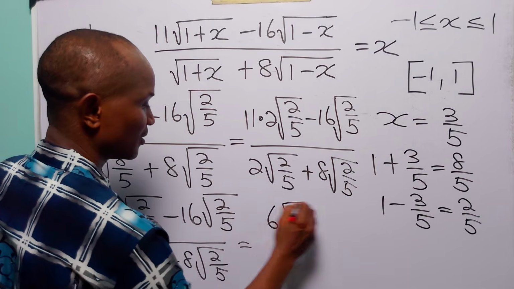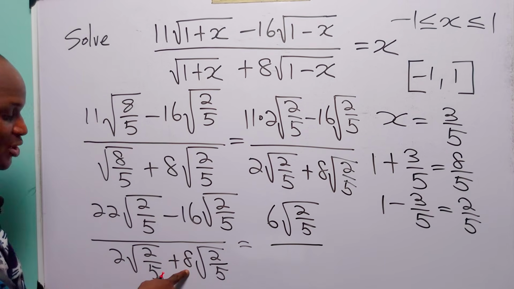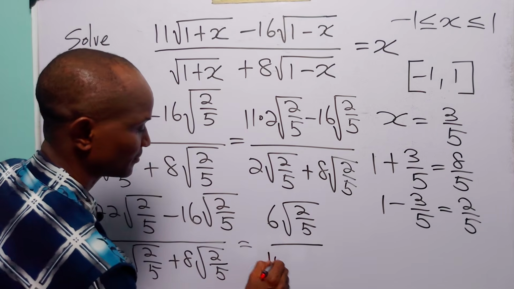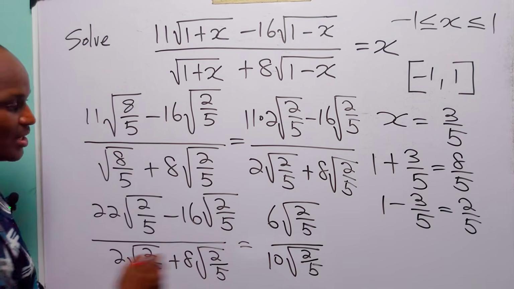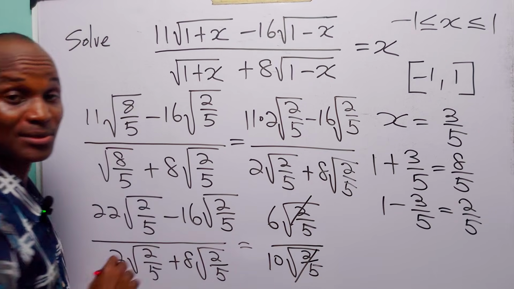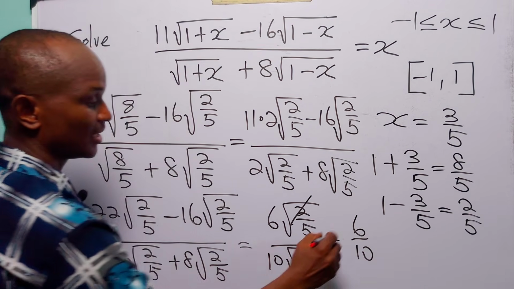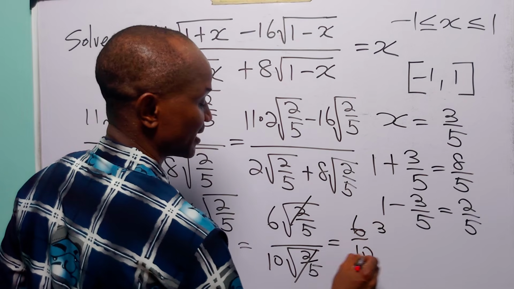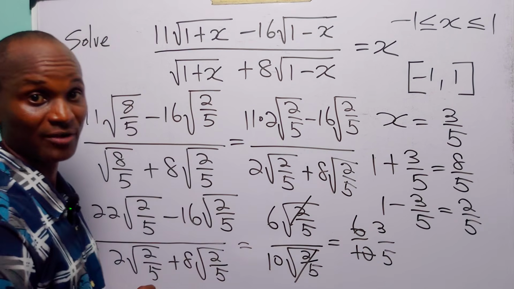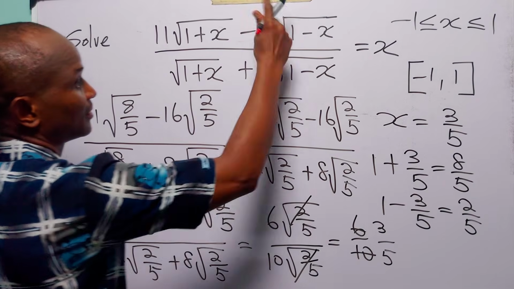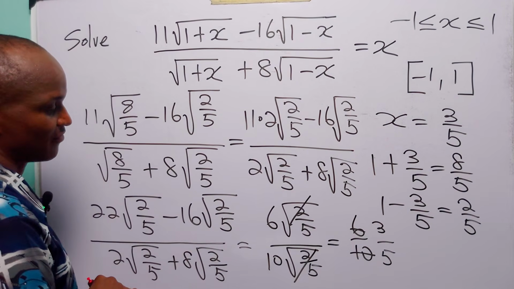Then we have root 2 over 5. And 2 plus 8 is 10. And we have root 2 over 5. Now this can cancel that, and we have 6 over 10. 2 into 6 is 3 and 2 into 10 is 5. So this is 3 over 5. And of course, x is equal to 3 over 5.